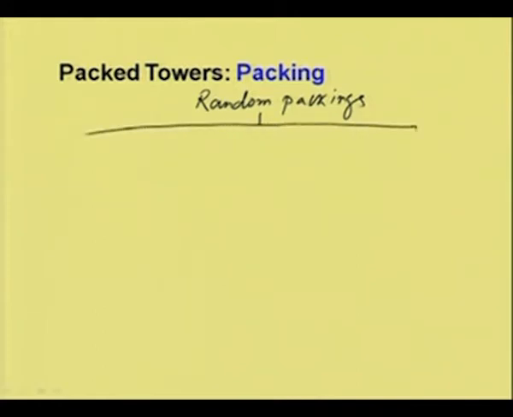The random packing are also of different kinds. This may be classified into three categories. One is first generation packing, then second generation packing, and third generation.